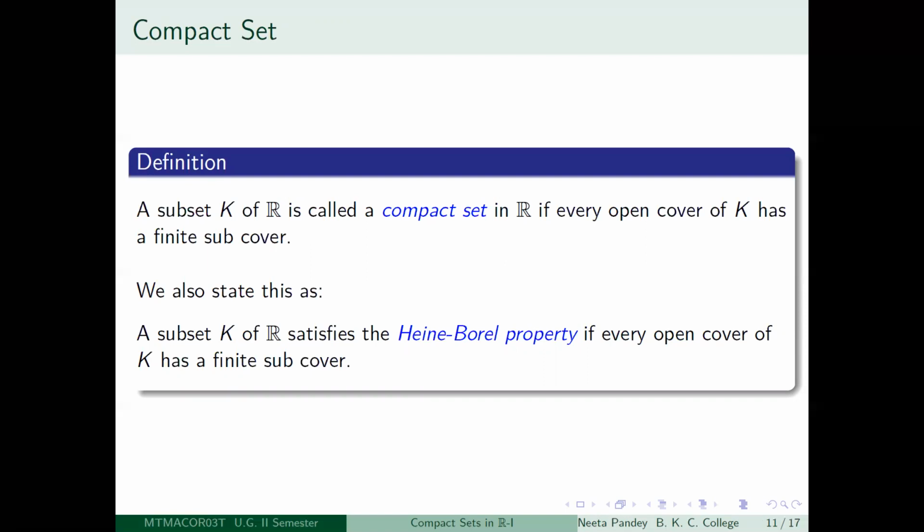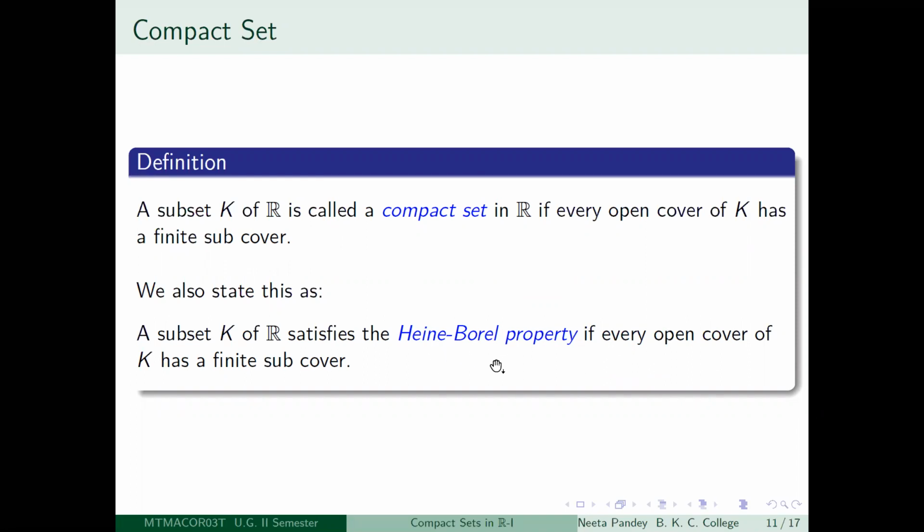The next interesting part, and it actually becomes very interesting, is the type of sets for which, if you are given any open cover, you will be able to extract finitely many members from that open cover which will still cover the set capital K. Such sets are called compact sets. We also say that a set satisfies the Heine-Borel property if every open cover of capital K has a finite subcover.